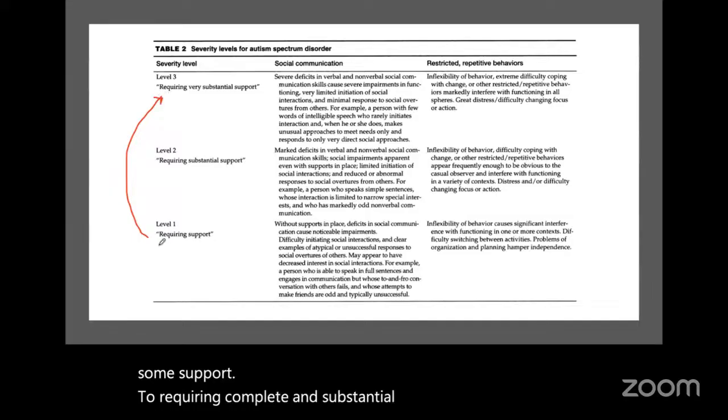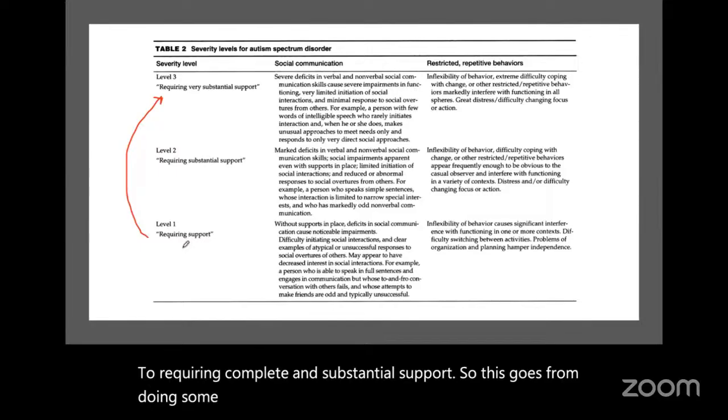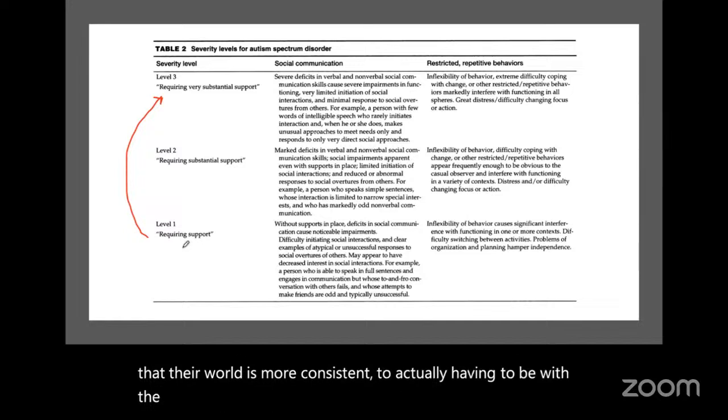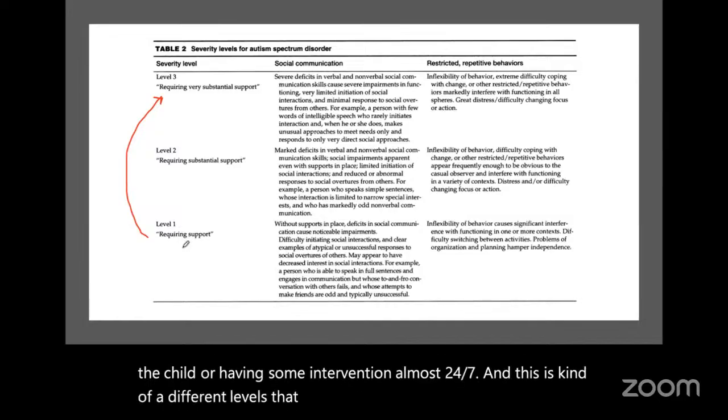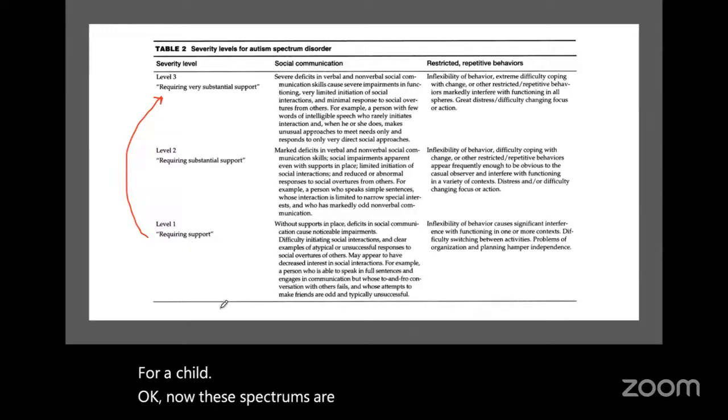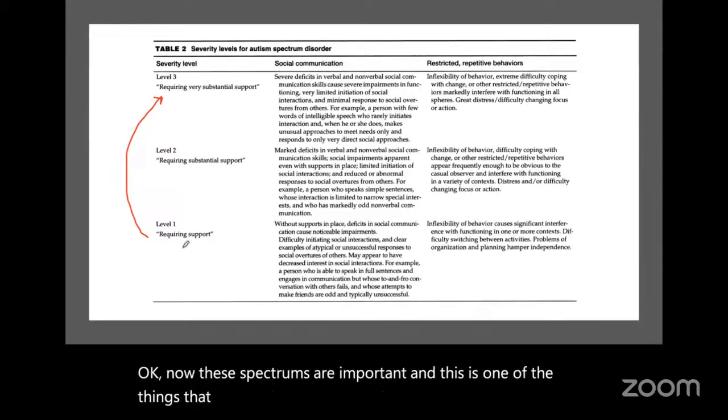So this goes from doing some weekly interactive training with a child, making sure that their world is more consistent, to actually having to be with the child or having some intervention almost 24/7. And that's just kind of the different levels that set the level of care for a child. Okay. Now, these spectrums are important, and this is one of the things that I'm kind of glad that the DSM-5 has done.